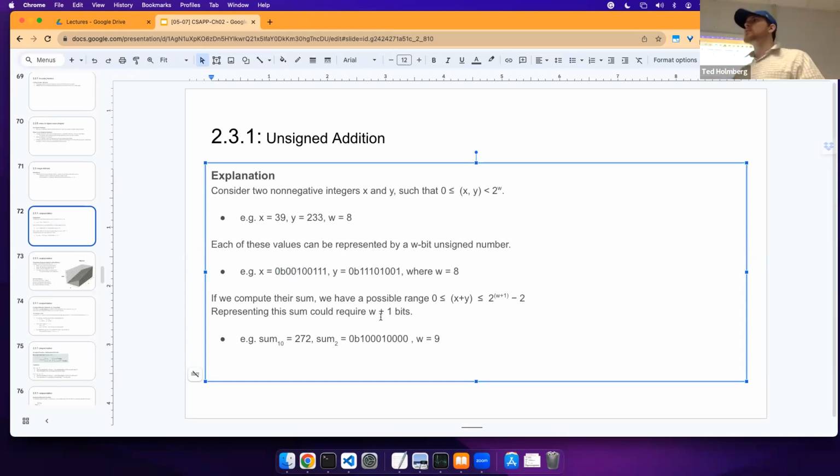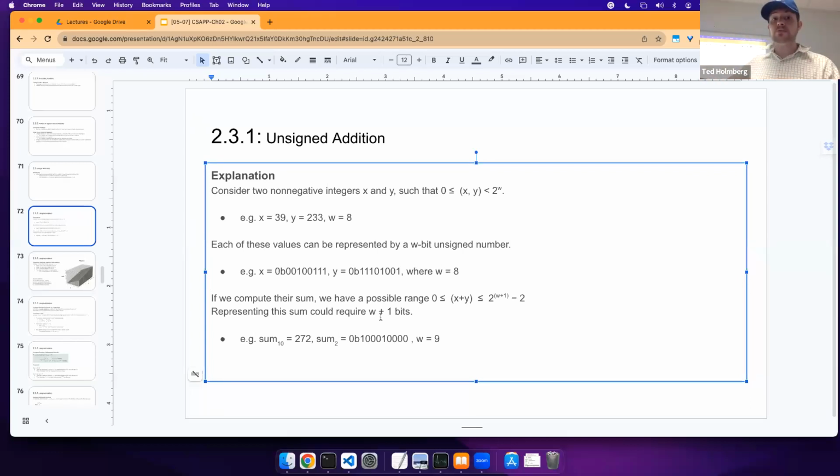Okay, now, one of the important things to understand about arithmetic is it's possible that the result of 2 valid binary strings, bit vectors that adhere to the predefined word size of 8, can result in a value that falls outside, beyond that range.